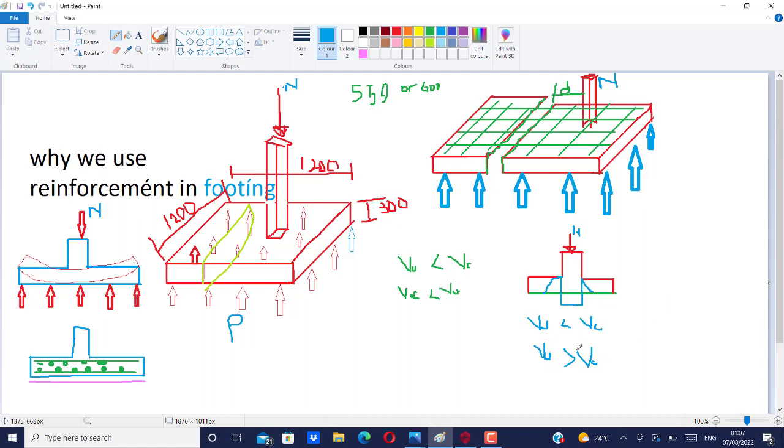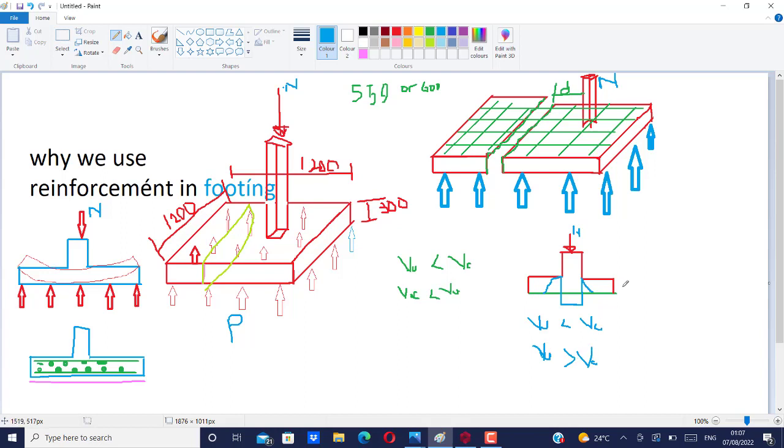So how do you solve this problem, to make sure that when you calculate, your ultimate shear stress is not greater than this? You have to increase the thickness of this footing. So why we check for punching shear is also to check that the thickness of the footing is adequate.